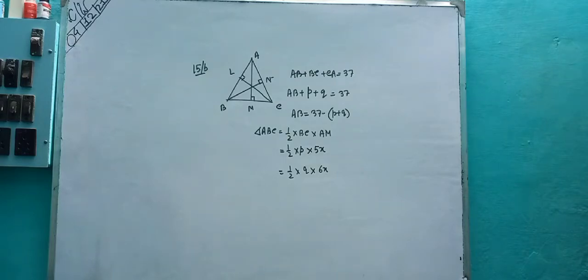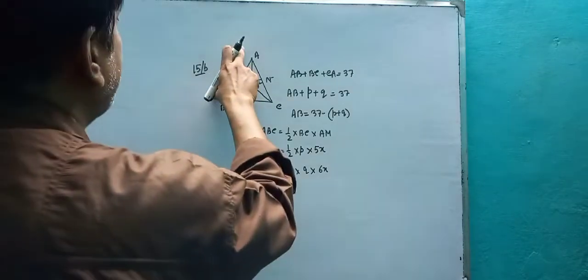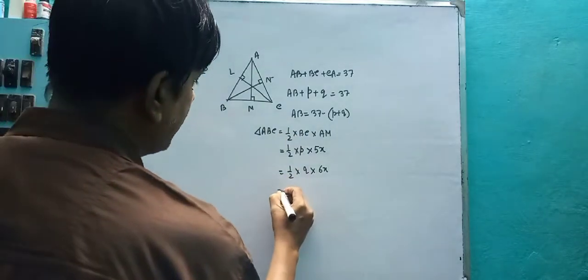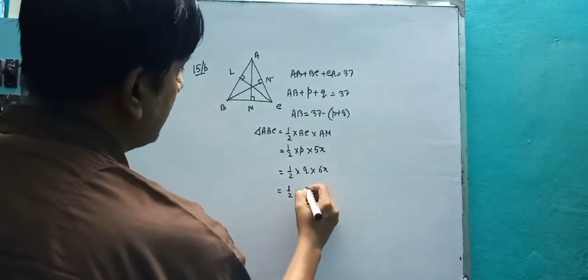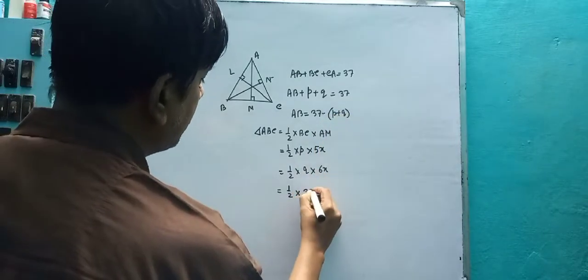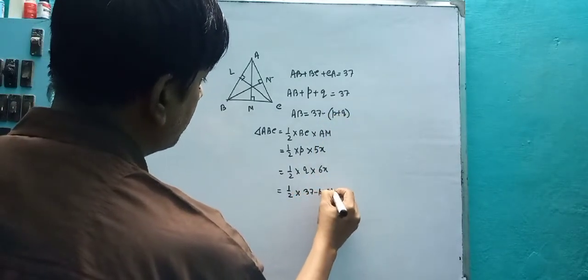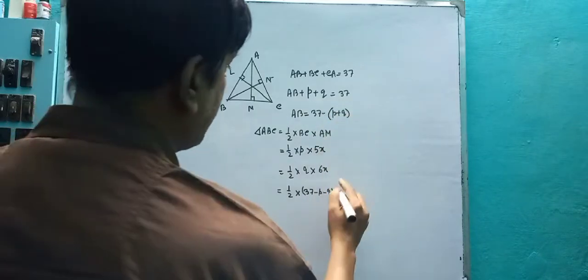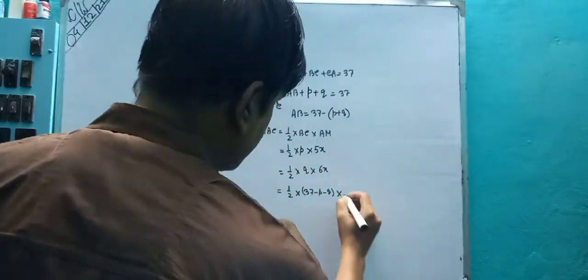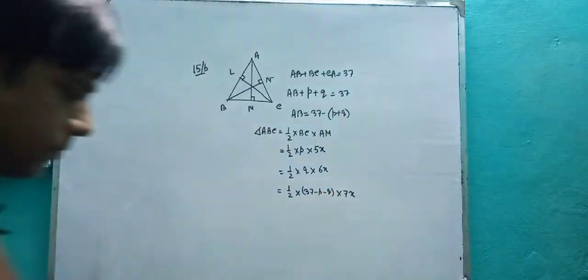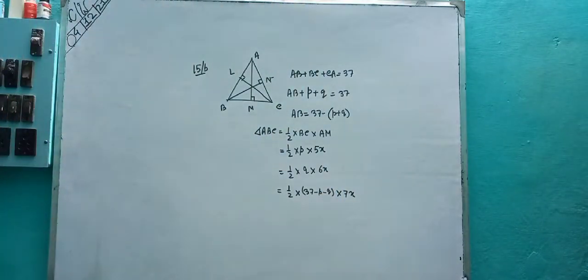In the same way, if you take the base AB, you can write half of AB. AB is 37 minus P minus Q, and the valuation given is 4x. Clear?